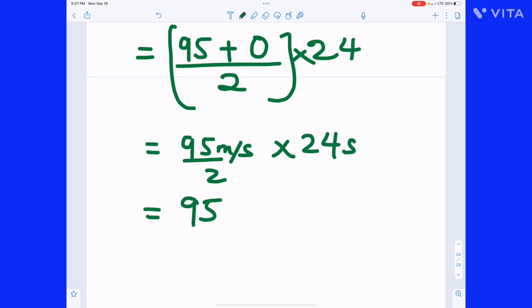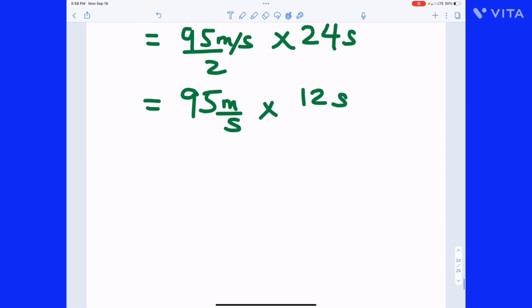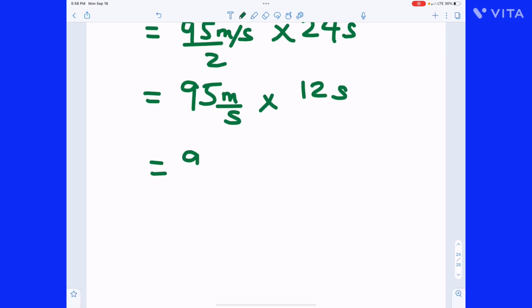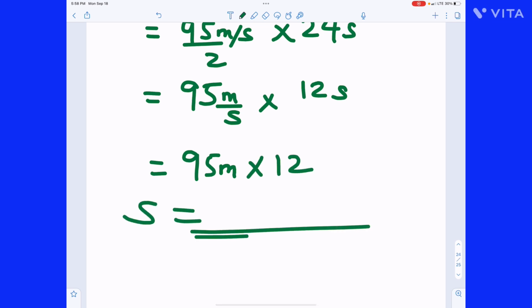If you do your math well, 2 will cut 24. You have 95 meters per second times 12 seconds. Here too, seconds will cancel seconds. You get 95 meters times 12. That's your distance. You press your calculator yourself to get the final answer.